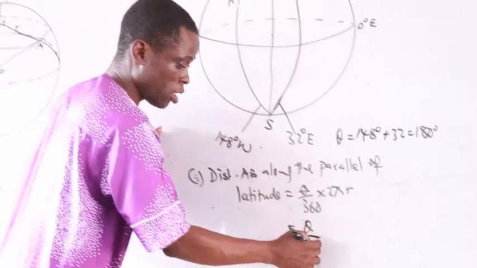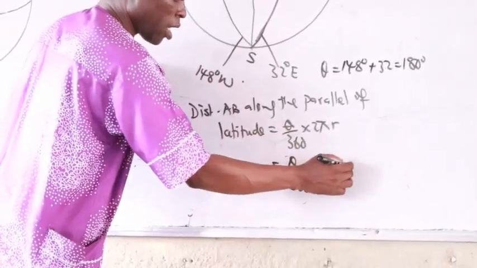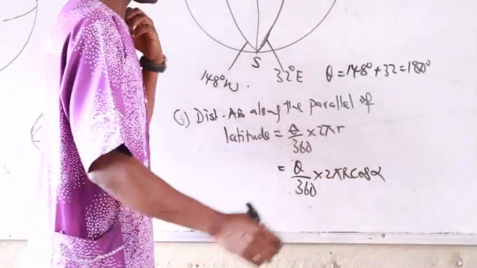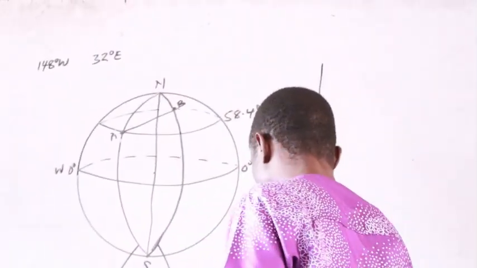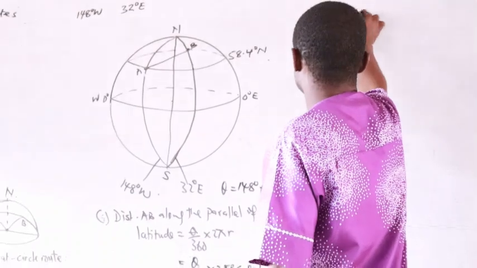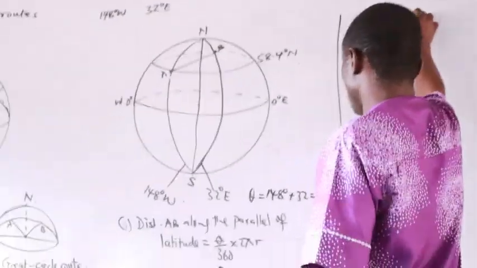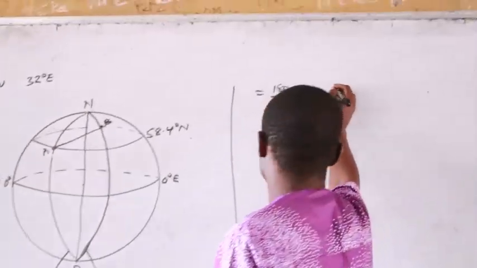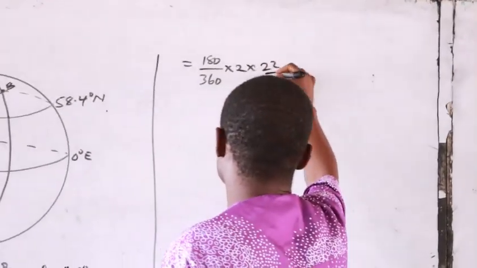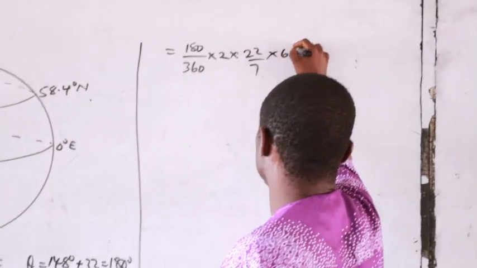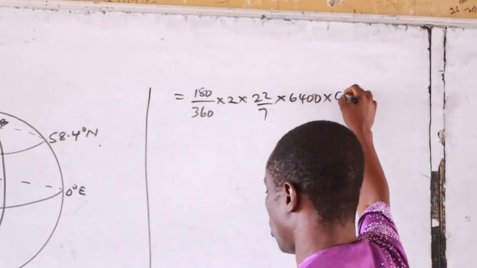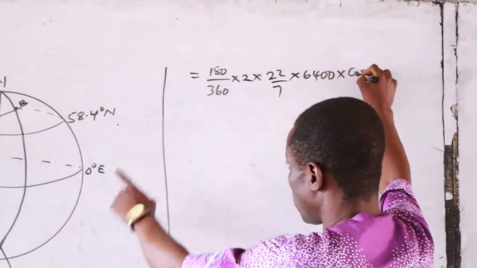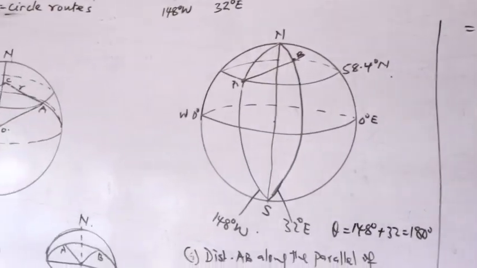So we have 180 over 360 times 2 pi big R cos alpha. What is pi in that question? If you are not given pi, then it's 22 over 7 times 6,400 times cos 58.4 degrees.